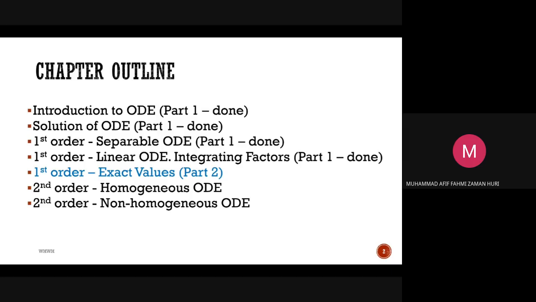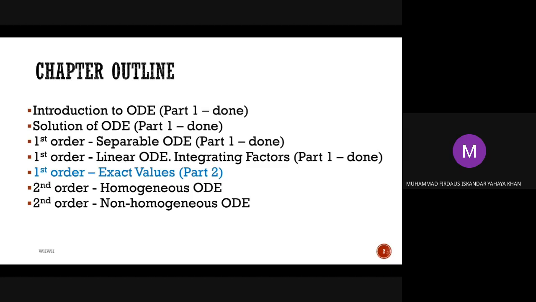Okay, for your information, so far kita dah belajar berapa method untuk solve first order differential equation? Dah ada berapa method dah? Kita dah belajar two method, right? Satu separable that we just discuss balik dia punya solution tadi. And the second method is the integrating factors, right?